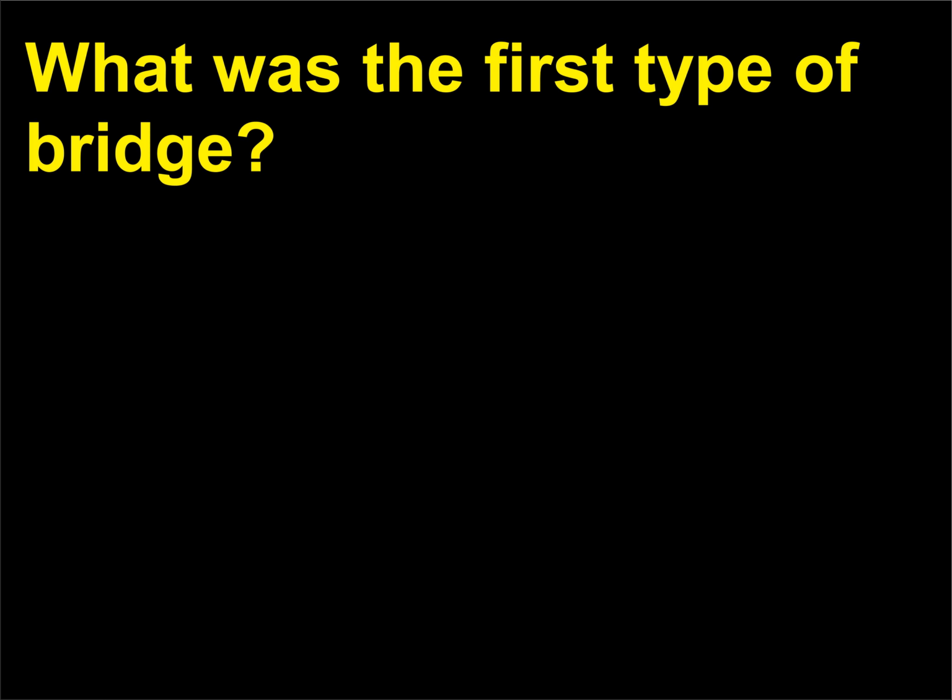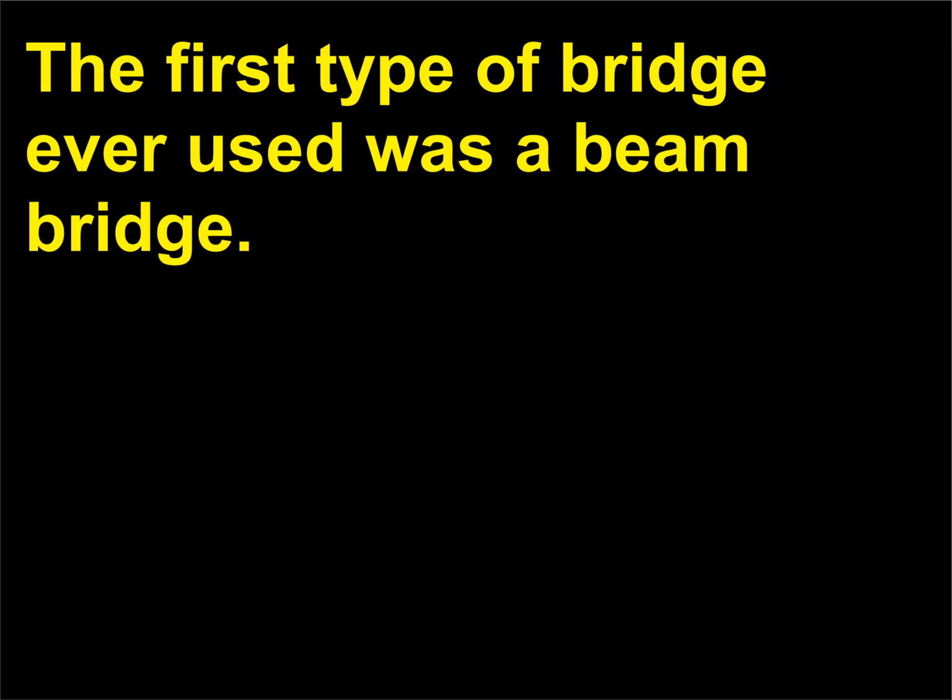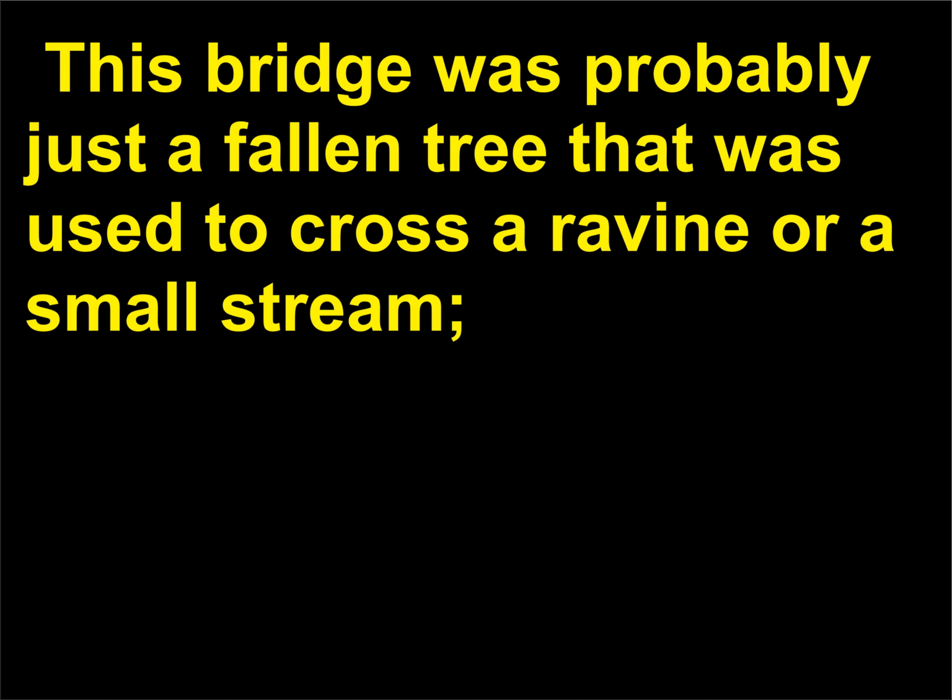What was the first type of bridge? The first type of bridge ever used was a beam bridge. This bridge was probably just a fallen tree that was used to cross a ravine or a small stream.